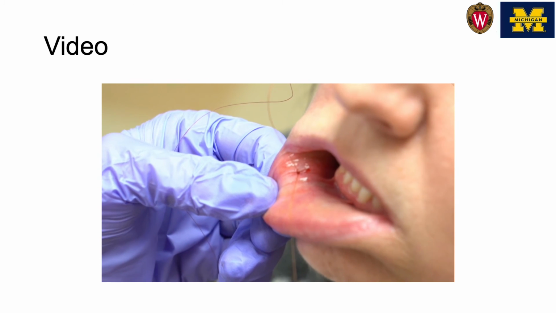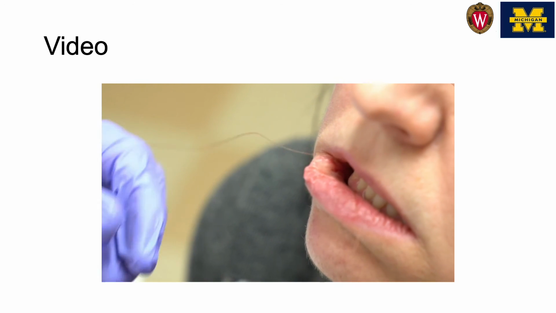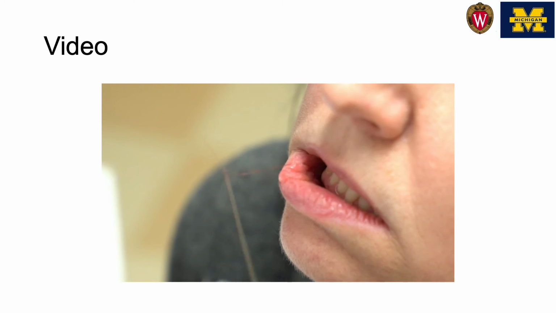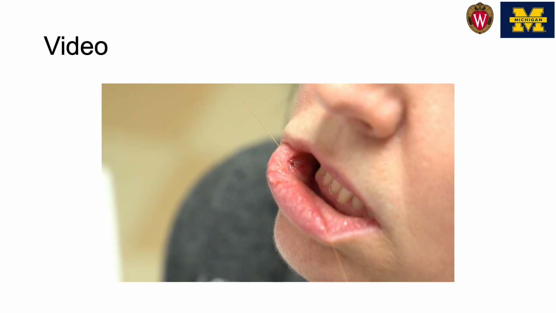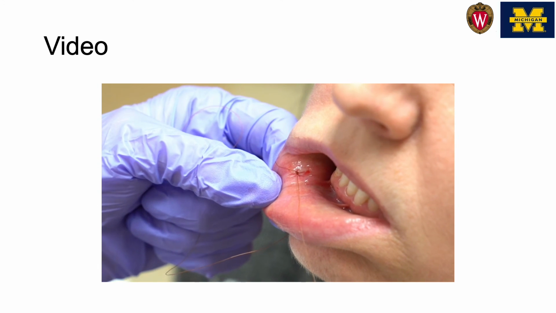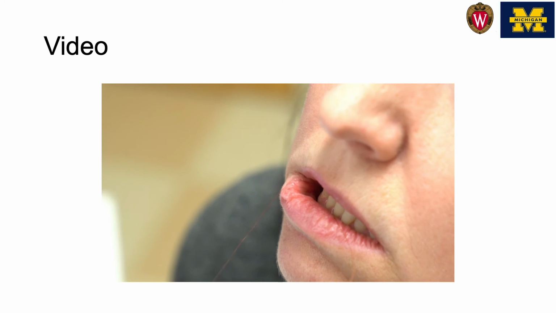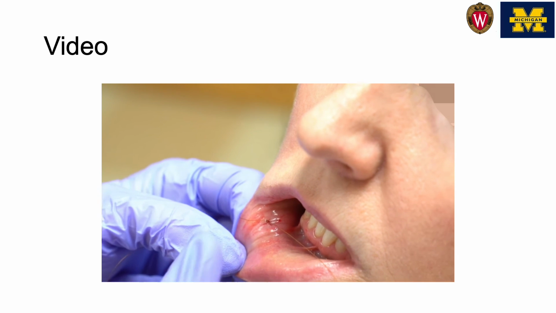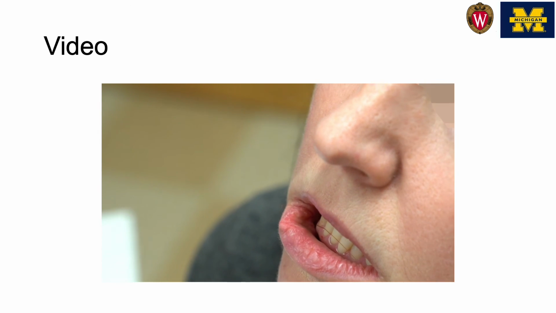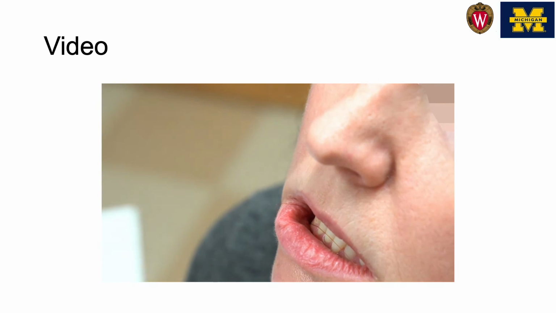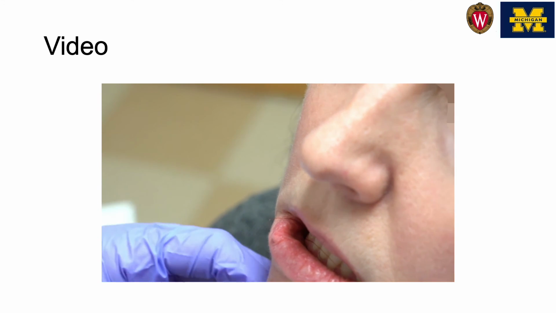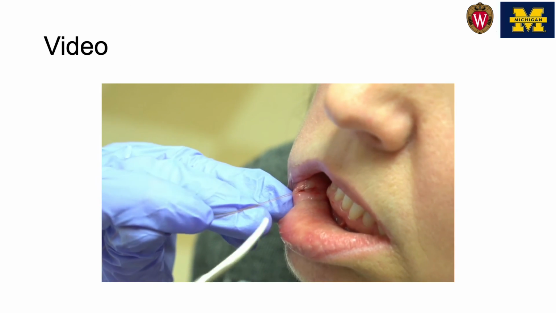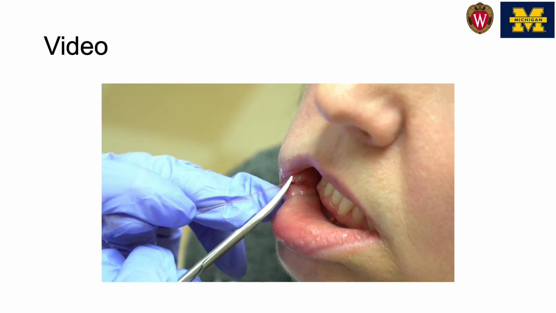You can see here we've tied the knot. We will then cut the suture right above the knot, leaving 2 little tails.